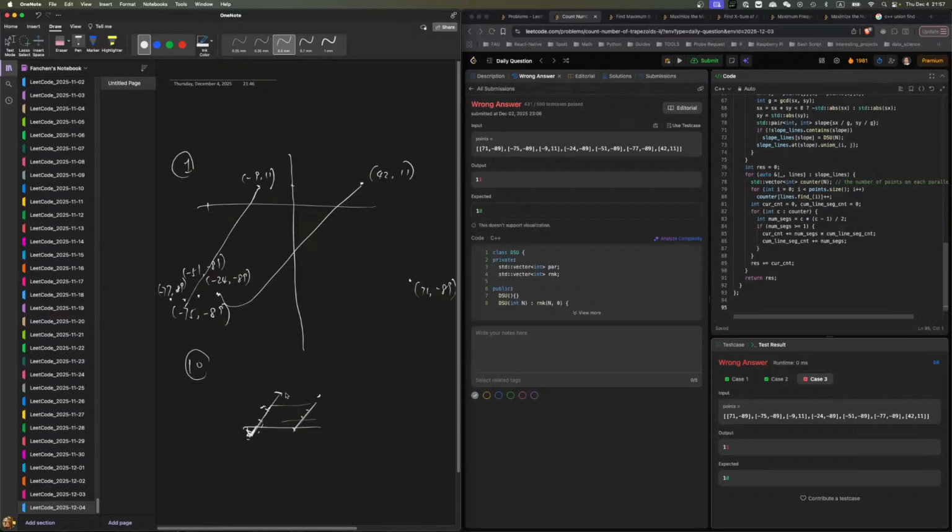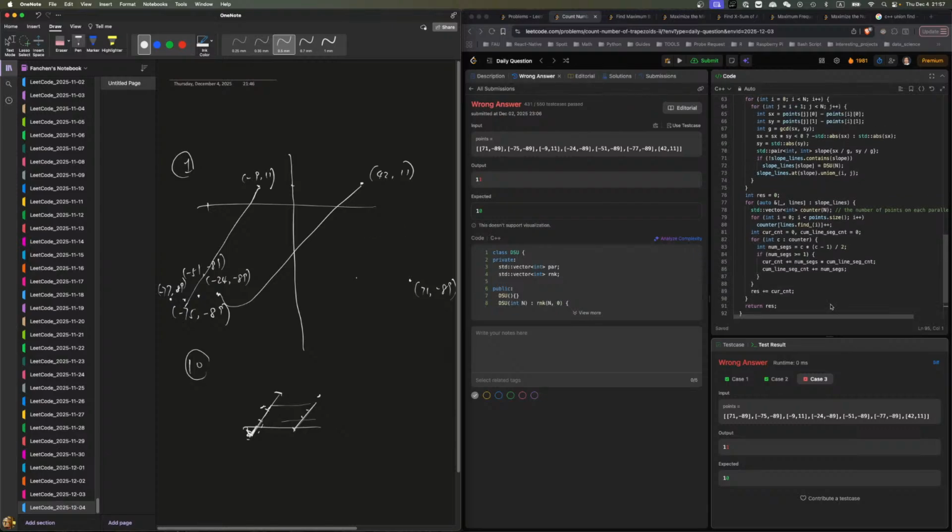So we have all the parallel lines, which is inside here. We have the slope, and lines. What is lines? I forgot. Lines is the DSU. So we have slope and the lines.